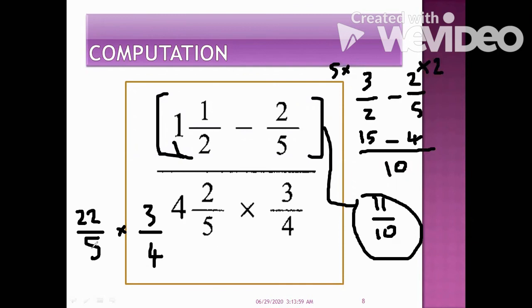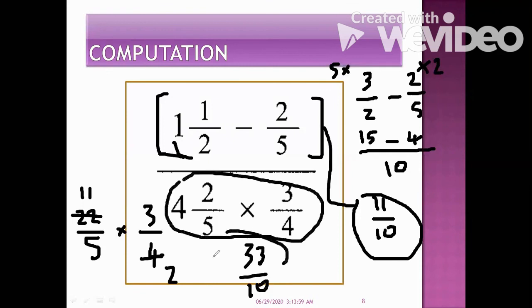What we do is cancel diagonally, like so. We don't cancel like that across. Don't do that. As you can see, we can use 2 with the 4 and 2 with the 22. So 2 into 4 goes 2, and 2 into 22 goes 11. There's nothing else that can be cancelled, so we multiply across. 11 times 3 is 33. 5 times 2 is 10. So the bottom piece is equal to 33 over 10.